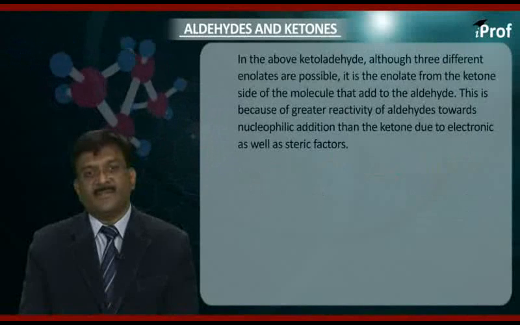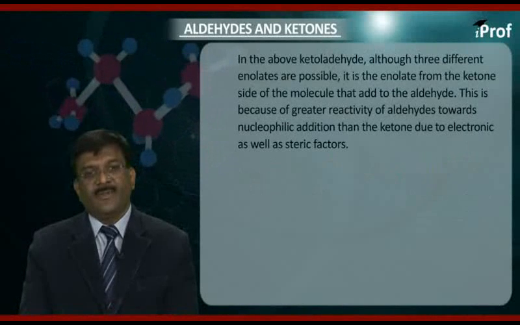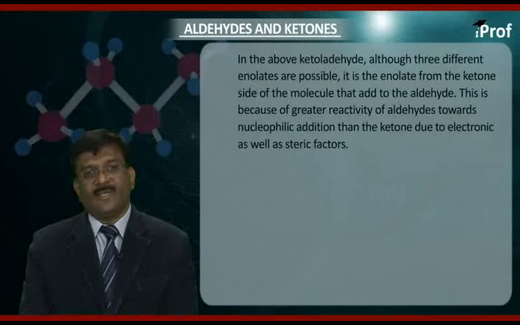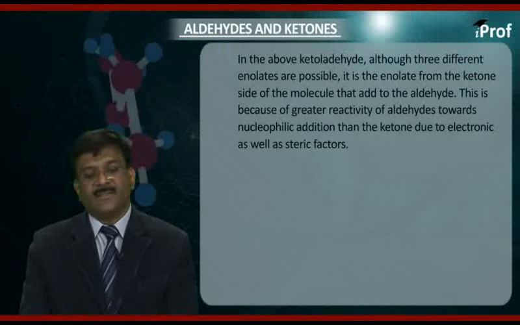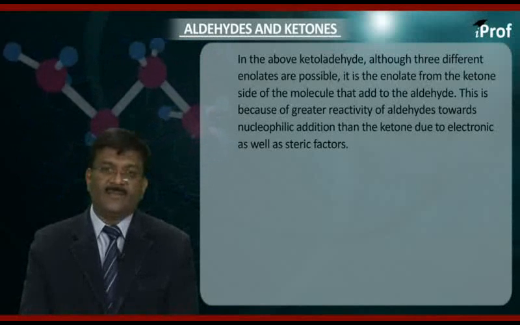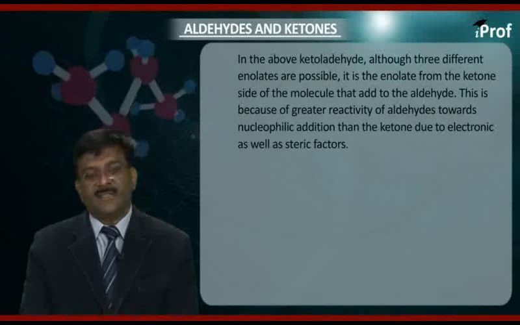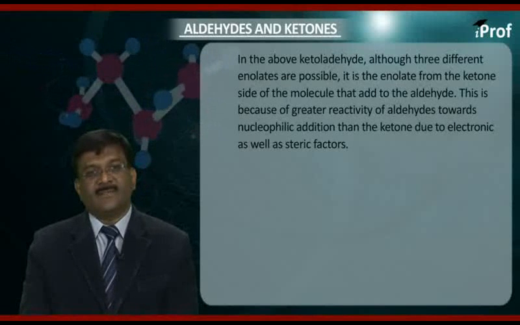In this ketoaldehyde, although 3 different enolates are possible, it is the enolate from the ketone side of the molecule that adds to the aldehyde. This is because of greater reactivity of aldehydes towards nucleophilic addition than the ketone due to electronic as well as steric factors.